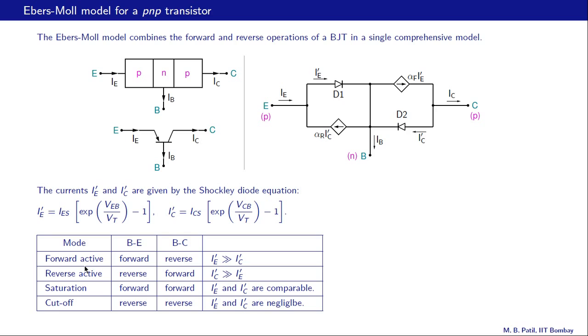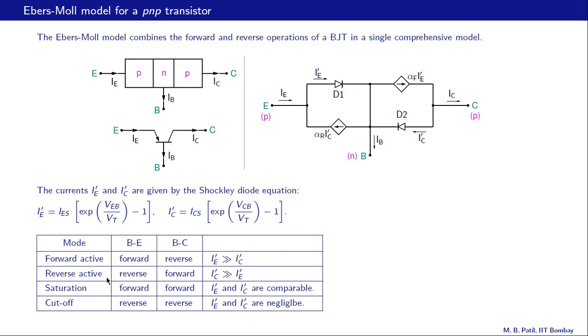In the forward active mode, simply called the active mode very often, the base emitter junction is forward biased, base collector junction is reverse biased, and because of that IE prime, this diode current, is much larger than IC prime. For all practical purposes, we can say that IC prime is 0 in this case.